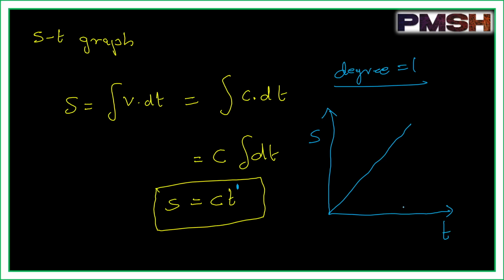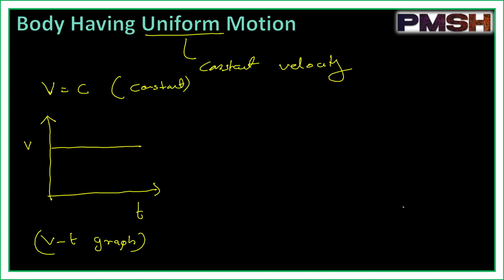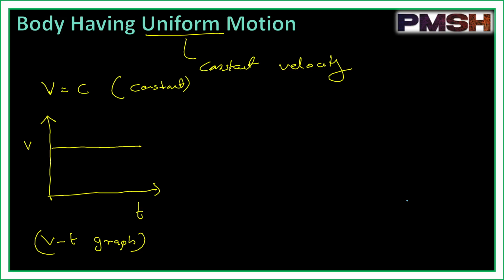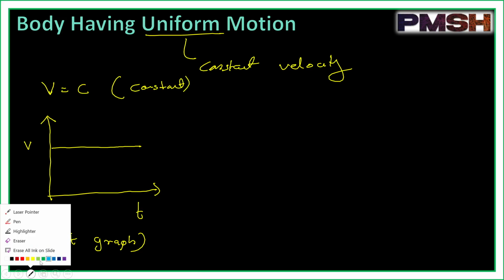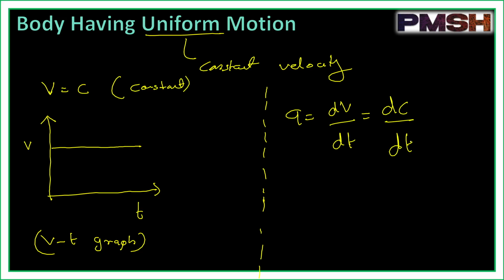Now, what will be the acceleration time graph for a body having uniform motion? Let's try to draw it. We know acceleration is dv by dt, and here v is c, so dc by dt.